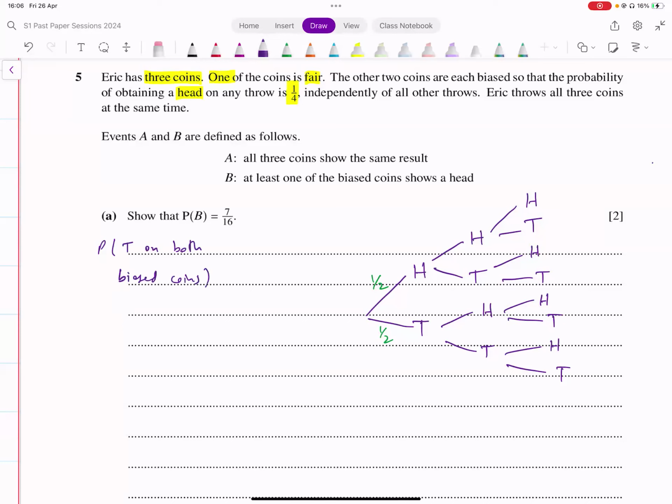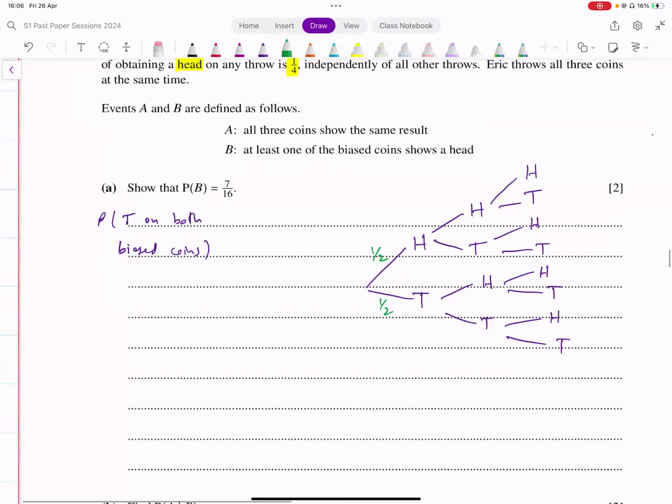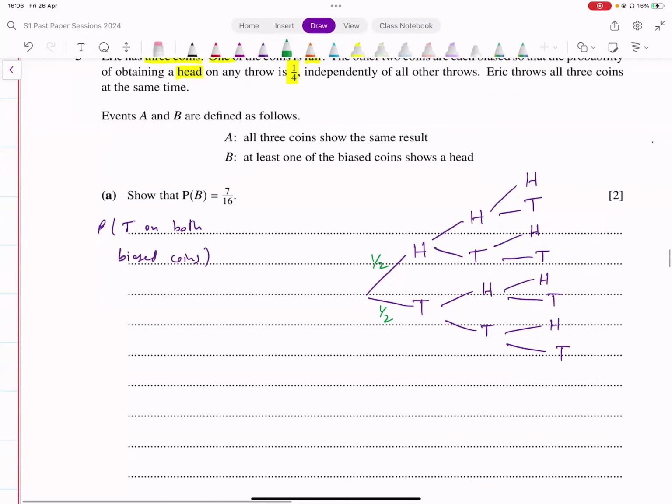Can we find this probability? Probability of getting tails on both biased coins? What would that be? In fact, in this case, it might even be easier to just forget about this first coin. So we'll keep this tree diagram. It will help us later when we are talking about all 3 coins at the same time.